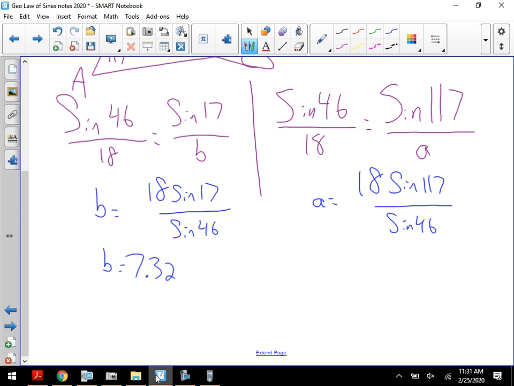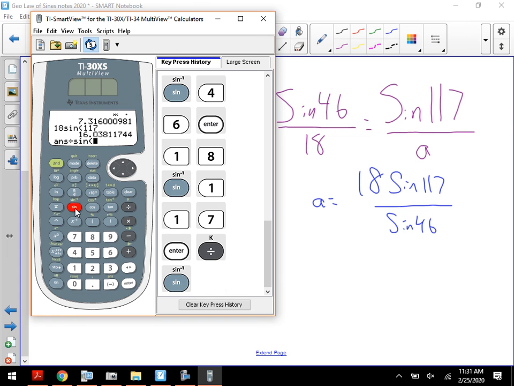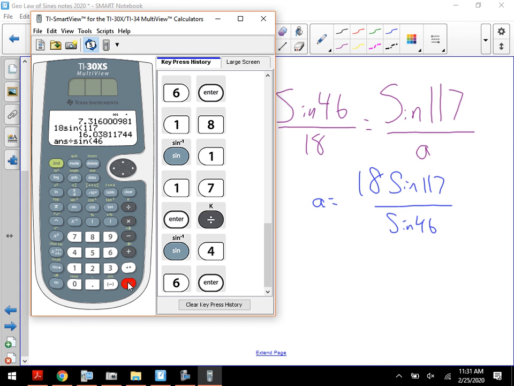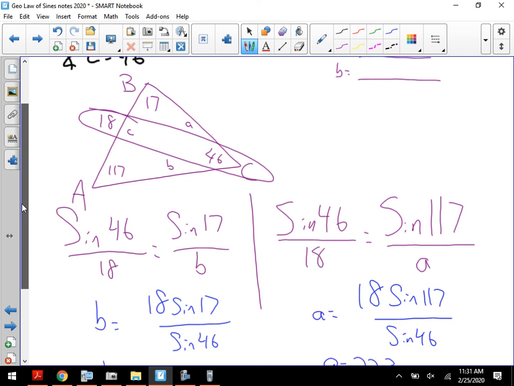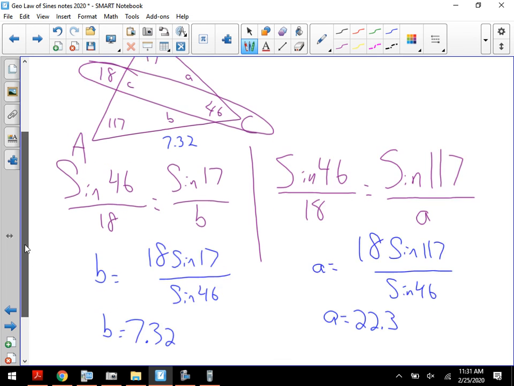Do the same thing for the other one, 18 sine 117. And this one would round out to 22.3, if I did this right. Okay. So 7.32 and 22.3.